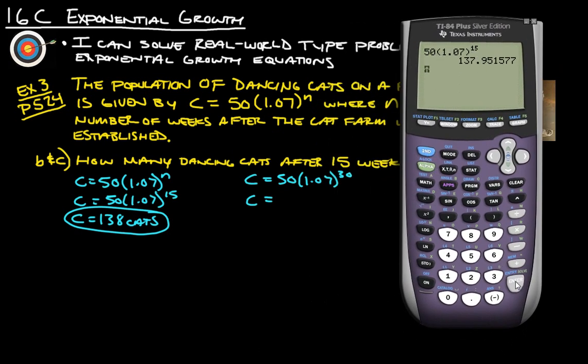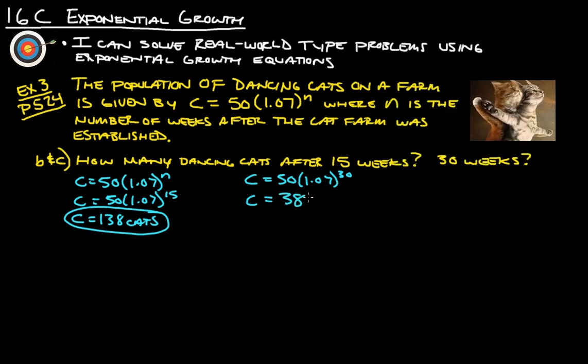So I'm just going to do second entry and go back and change that to 30 and hit equals, and we got 380.6, so let's call that 381 cats about. Really these should be squiggle marks because this is an estimation.